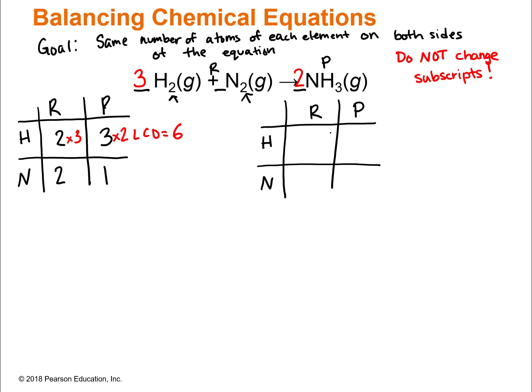So now that we've changed our hydrogens, we now have 3 times 2, which is 6 hydrogens, on the reactant side. On the product side, we have 2 ammonias, and each of them have 3 hydrogens, which means we've got 6. On the reactant side for nitrogen, we haven't done anything, so that's still 2.